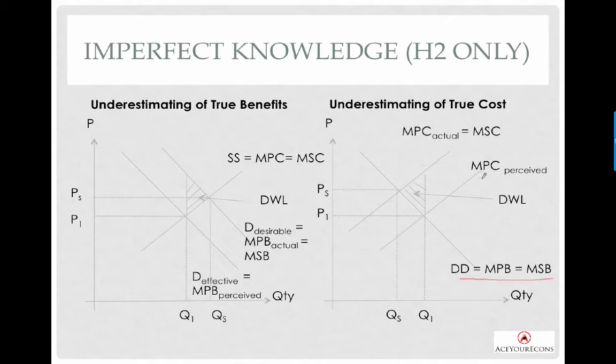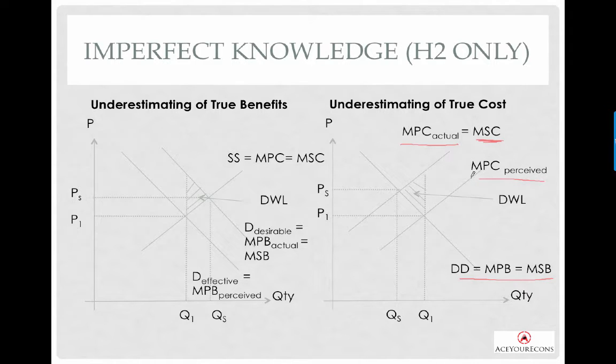He may perceive that when he's smoking, he may not incur lung cancer or nose cancer immediately. In fact, he might even think that he's not going to die of any of the complications of smoking. But in actual fact, the actual private cost to the smoker is way higher than what he perceives. And this is the social cost as well.